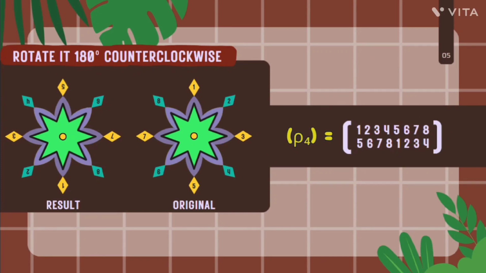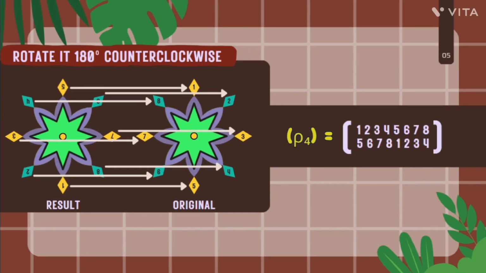And this is now the result. So 5 maps to 1, 6 maps to 2, 7 maps to 3, 8 maps to 4, 1 maps to 5, 2 maps to 6, 3 maps to 7, and the last one is 4 maps to 8.